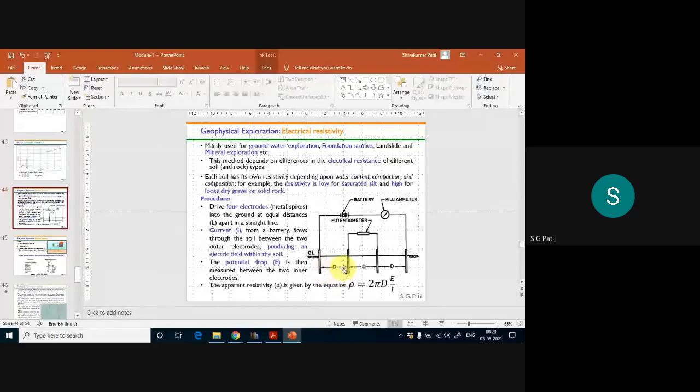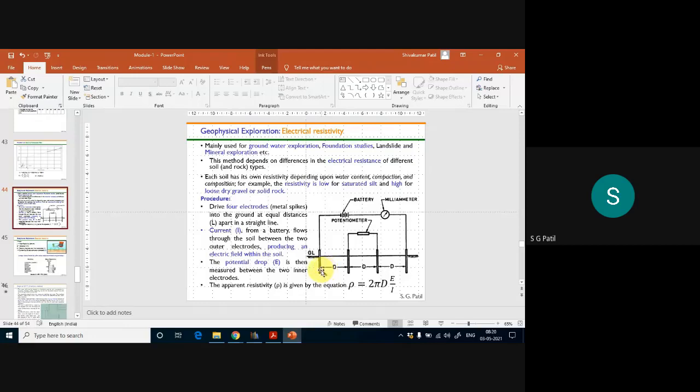If you keep on placing these rods a little far away, then we are able to penetrate to a larger depth. Suppose for this configuration I get a depth of around 5 meter. Now I want to see further down what is there.